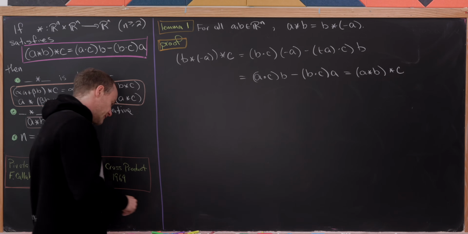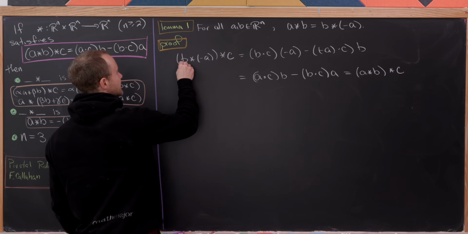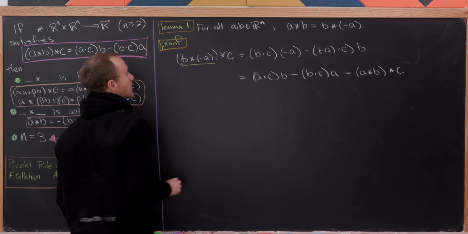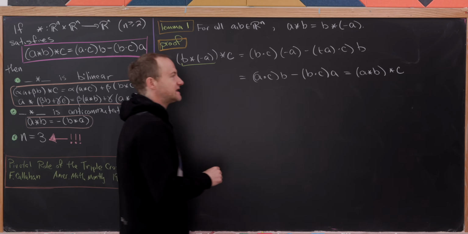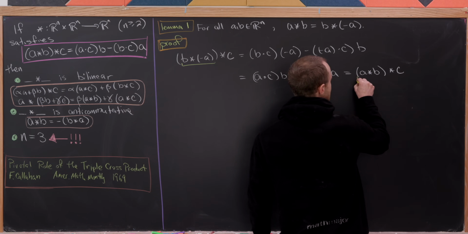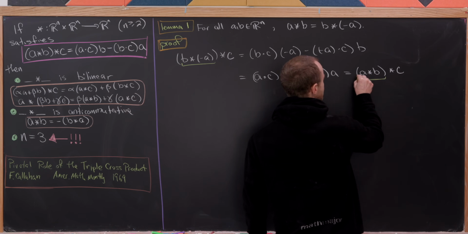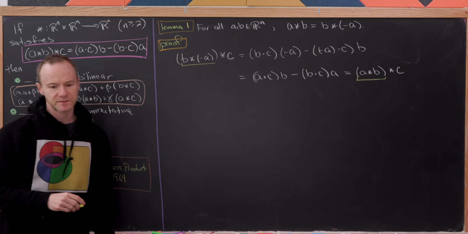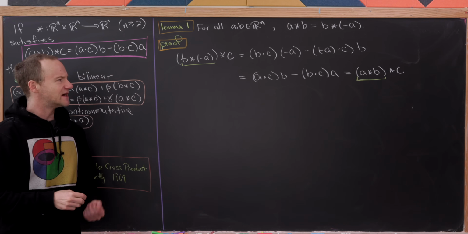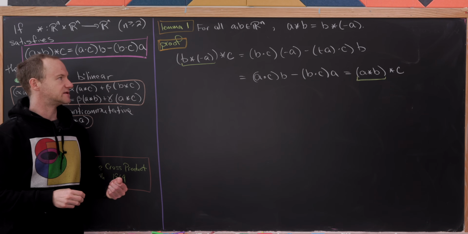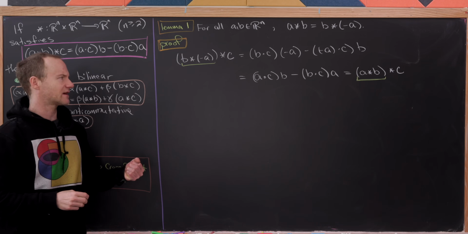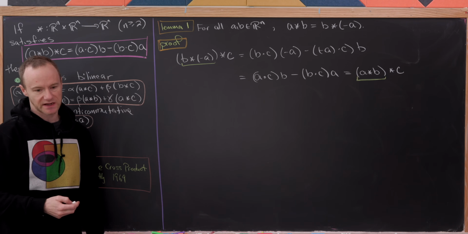So look at what we did here. We took this object, this B star minus A, and if we star that into C, we get the same result as doing A star B into C. Now, that does not tell us that we're done here, because you can't just cancel the C from both sides.